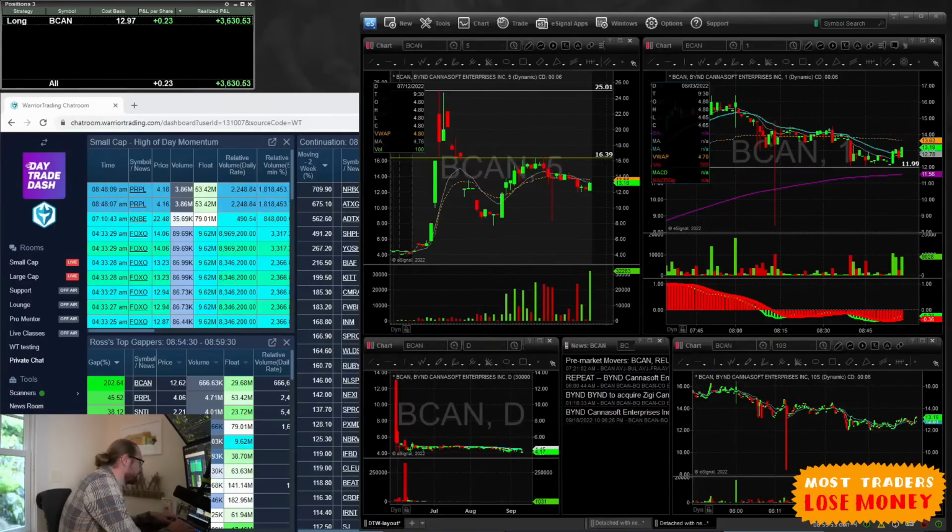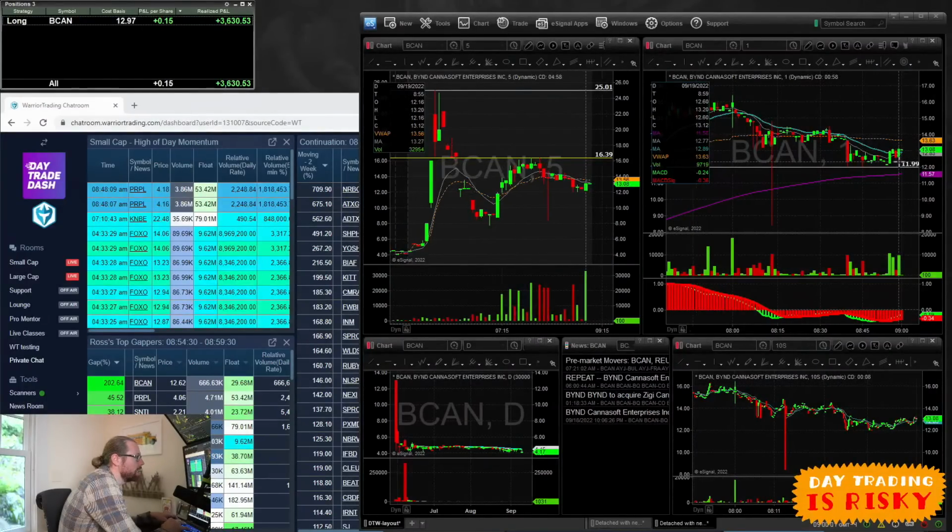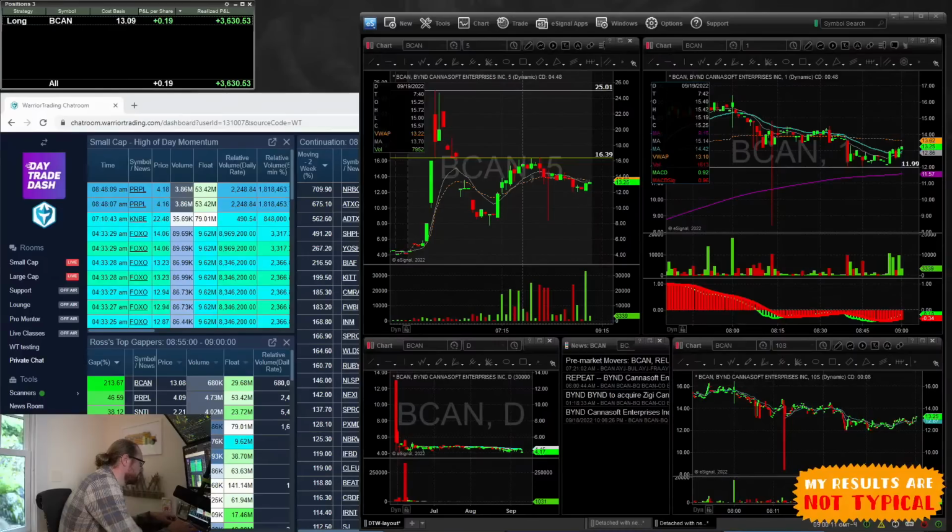A little profit there at 13.15, watching for an add back. High of this candle is 13.20. Added at 13.18 for the break of 20. There's profit coming up to 39.